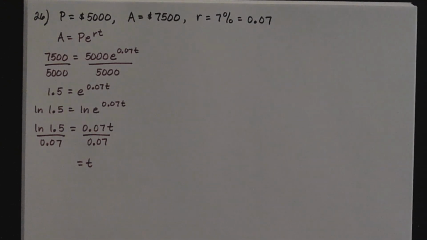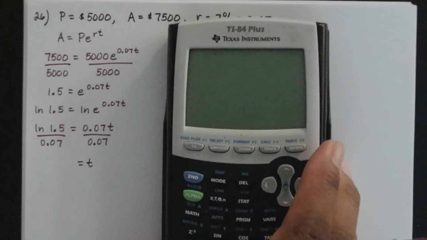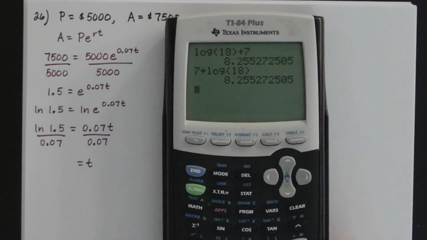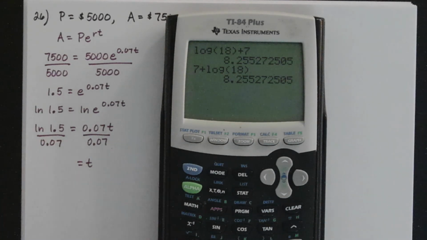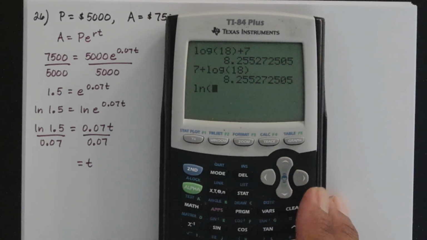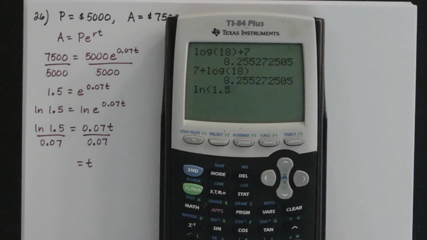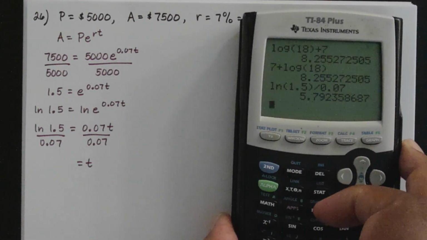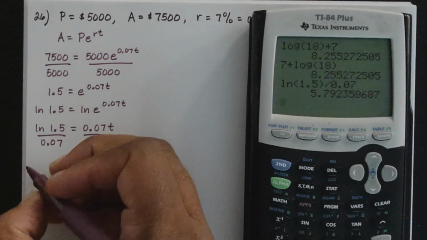So here, we use our graphing calculator. In this case, we'll press the ln key, and then 1.5, close parentheses, divided by 0.07. And then hit enter. And to one decimal place, that amount would be 5.8.